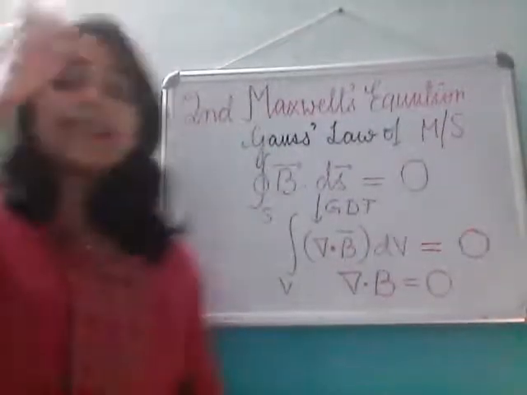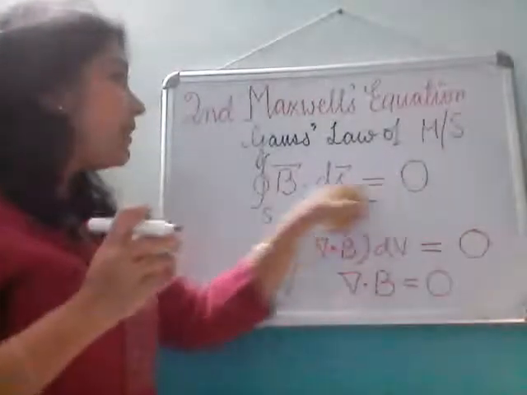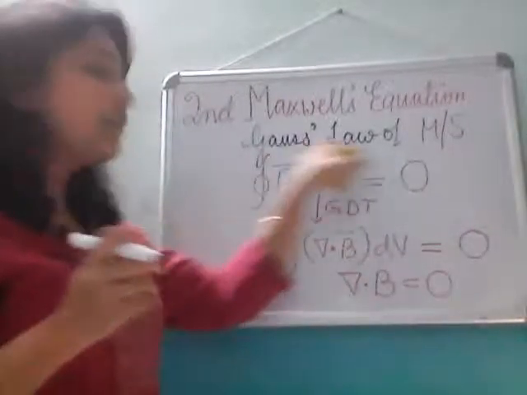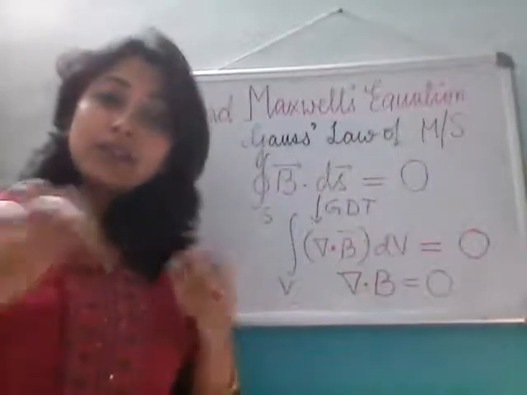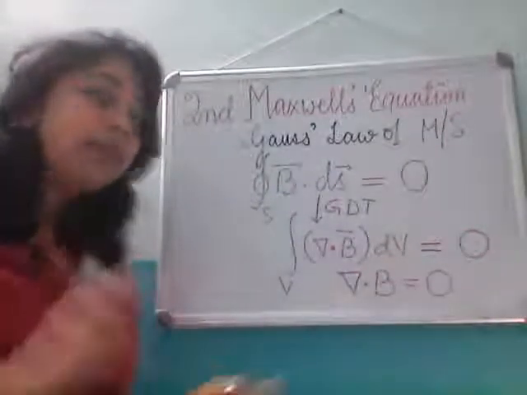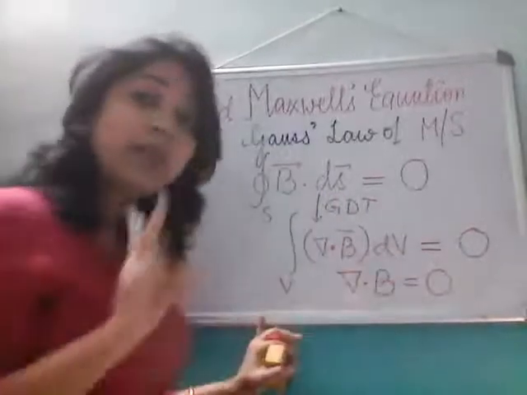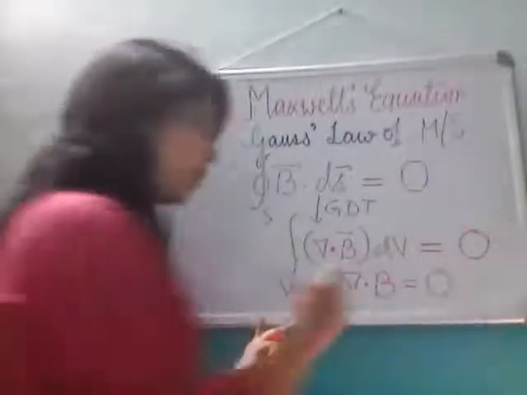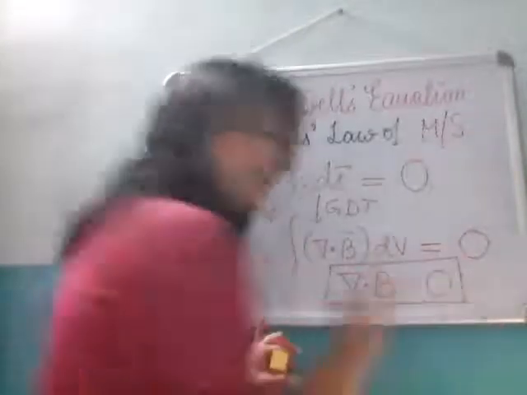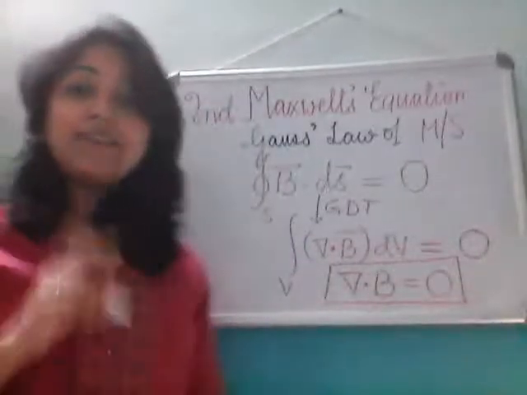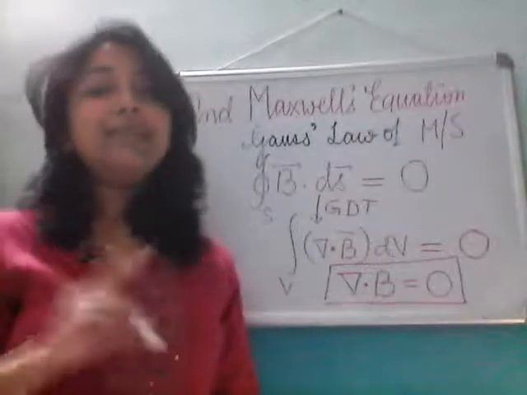Correct. So in this case, I had started with the surface integral B dot ds is equal to 0. By applying the Gauss divergence theorem and by considering that the volume cannot go to 0, I have now come to another form of the same equation stating that the divergence of B is 0.